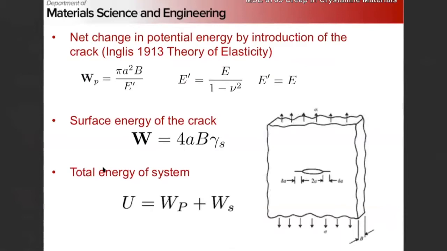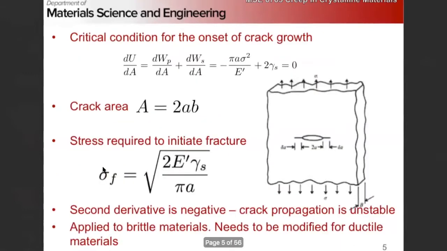So we have the change in potential energy and the surface energy, that gives us the total energy of the system. The critical condition: we find the critical points of our system, take the derivative of the energy with respect to our crack area, our change in crack area.